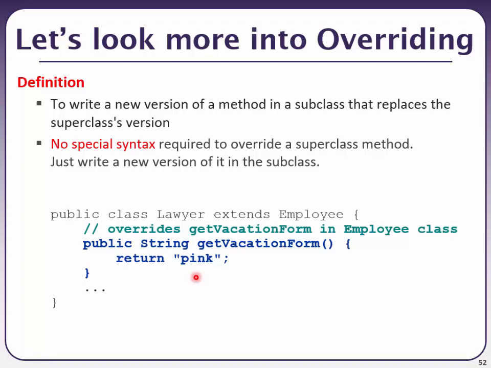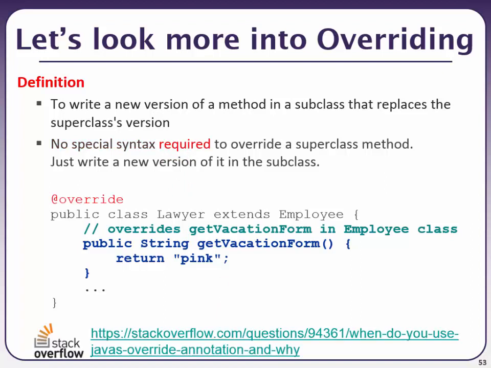Before we move to the next slide, let me correct something here. When this slide says no special syntax is required to override a superclass method, technically it's true, but the operational keyword is required. Okay, in Java 8, you can use something here called an annotation. The syntax is @ symbol, then a keyword after that.